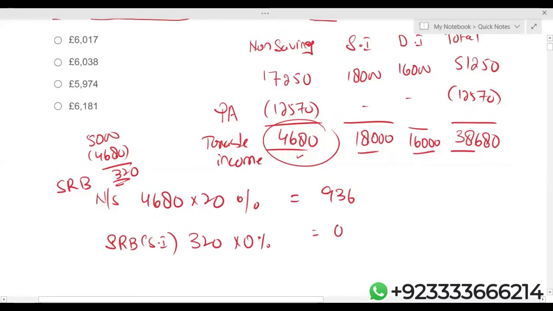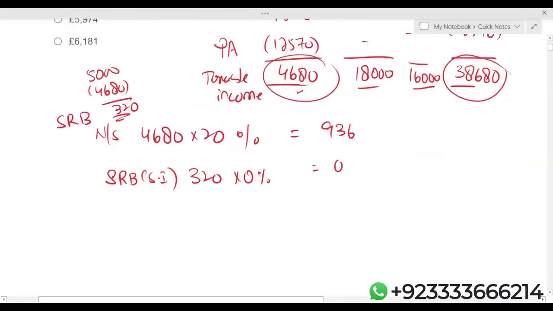Now, we have to check the individual's tax paying status by looking at taxable income 38,680, which is more than 37,700. We can easily decide this individual is a higher rate taxpayer. And higher rate taxpayers get a nil rate band for the saving income of 500. So saving nil rate band 500. Why 500?